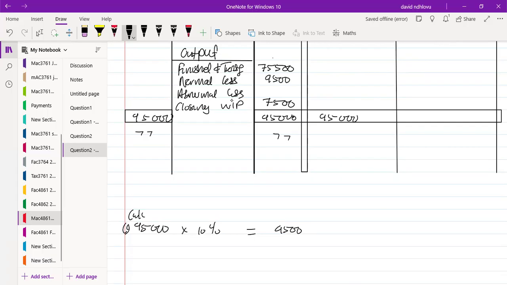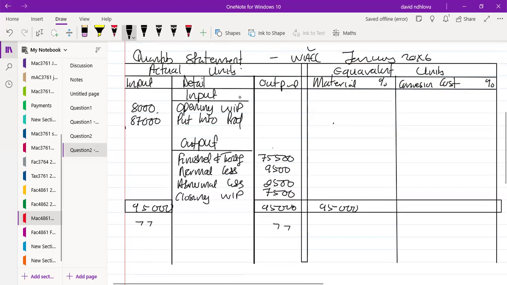Then the abnormal loss is just the balancing figure. So we say 95,000 minus 75,000, minus 9,500, then we are going to have 2.5. So that represents the abnormal loss. That is just a balancing figure.